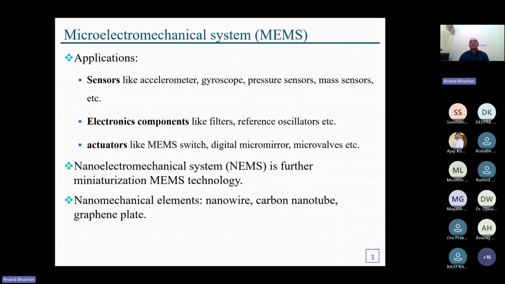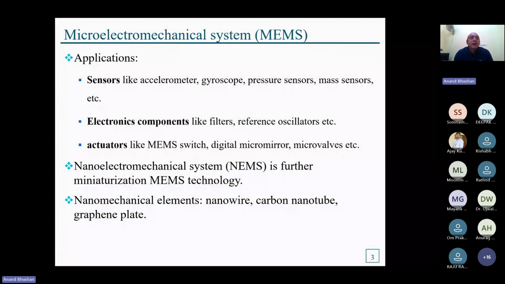The main sensors are the MEMS accelerometer, gyroscope, pressure sensor, and mass sensor. Accelerometers and gyroscopes are inertial units, and they help in the navigation of automobiles, ships, or aeroplanes. The accelerometer is a very important and most widely used sensor.